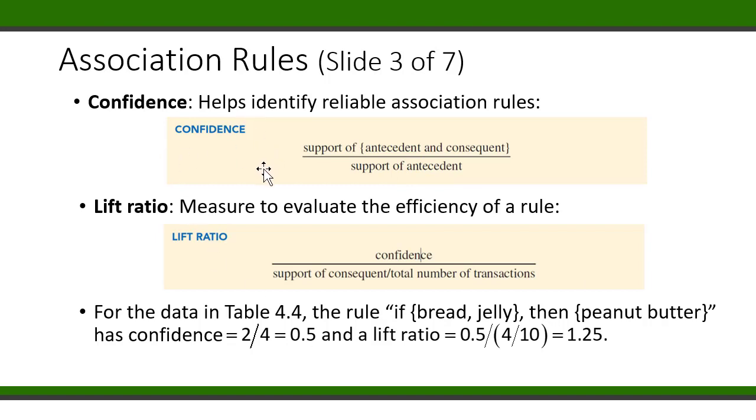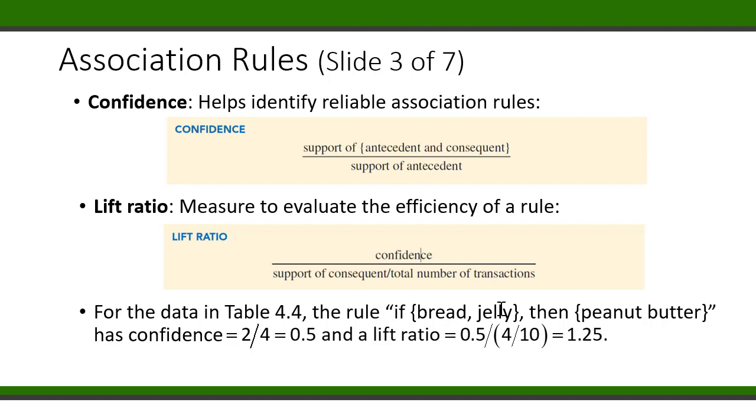We would like to see a high confidence here, which means the consequent is frequently true when the antecedent is true. But sometimes this can be misleading. For example, if the support of the consequent is high, that is, the item set corresponding to the then part is very frequent, then the confidence of the association rule could be high even if there is little or no association between the items.